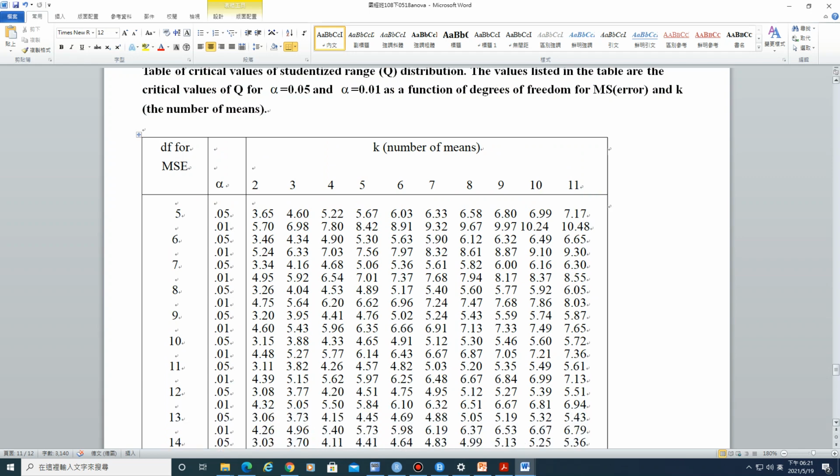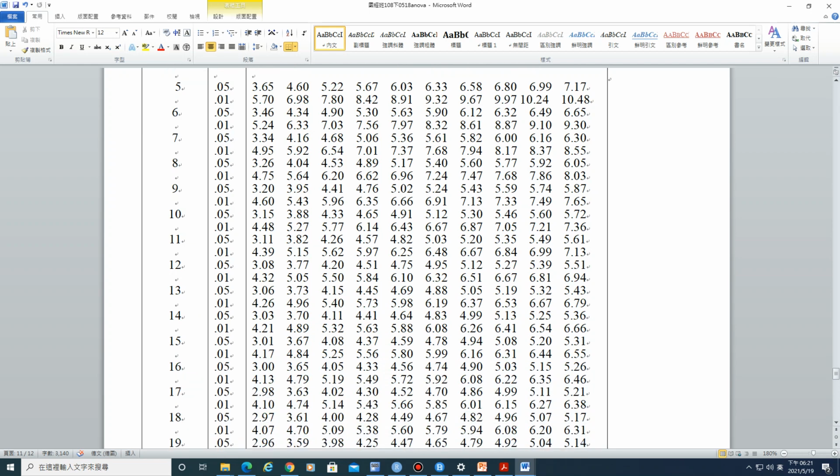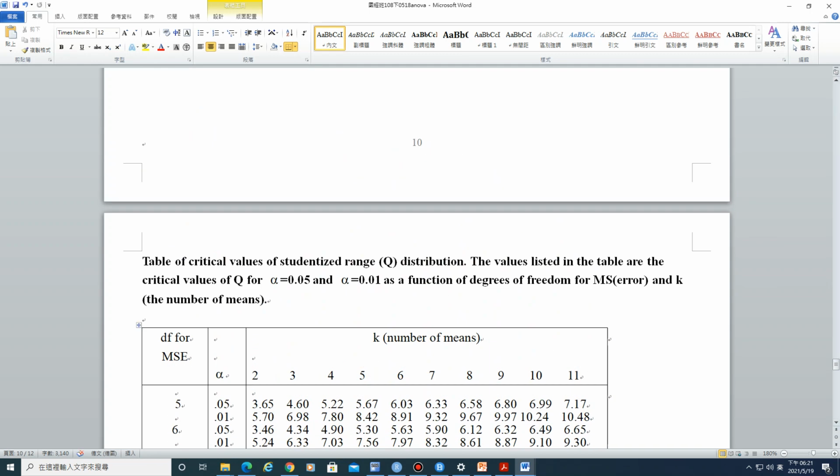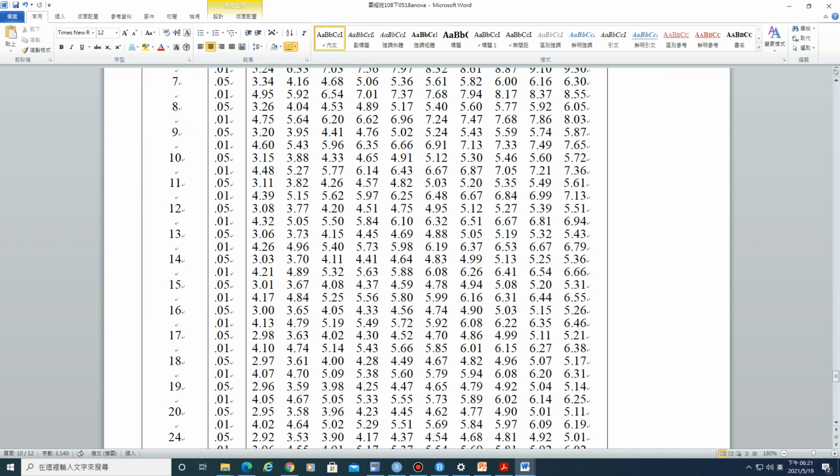Remember, the degrees of freedom is 20. And here the number of means. For this problem, the number of means is 4. Now remember the third column: first, second, the third. 20, 1, 2, 3: 3.96. 3.96 for 0.05.